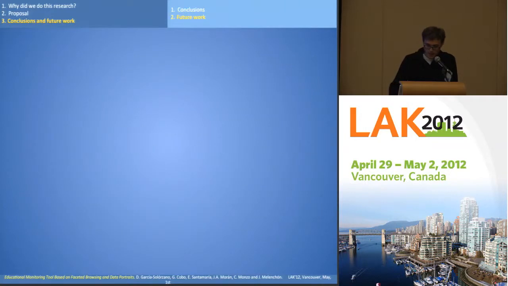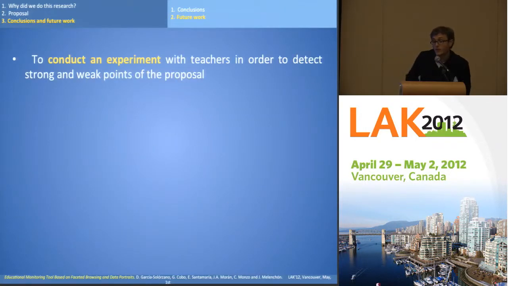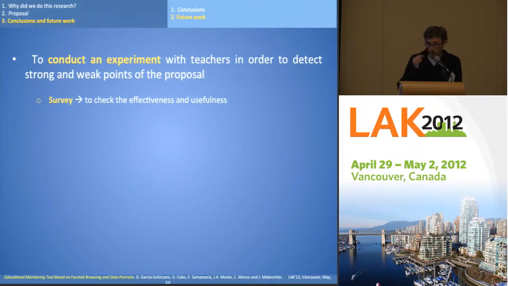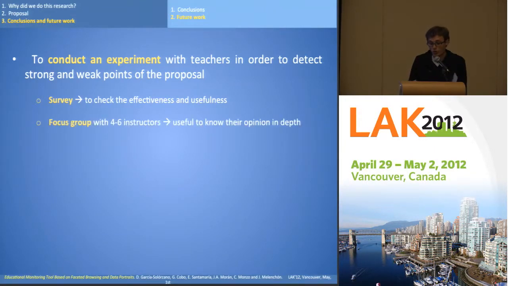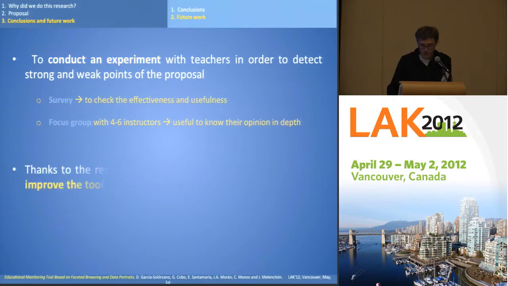And for the future work, we have to conduct an experiment with teachers in order to detect strong and weak points of the proposal. First of all, we have to do a survey to check the effectiveness and the usefulness of the proposal, and a focus group with 4 or 6 instructors in order to have in-depth information.